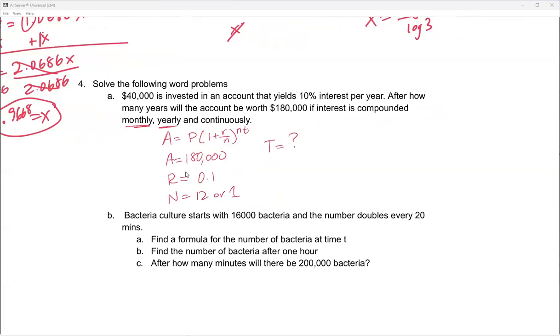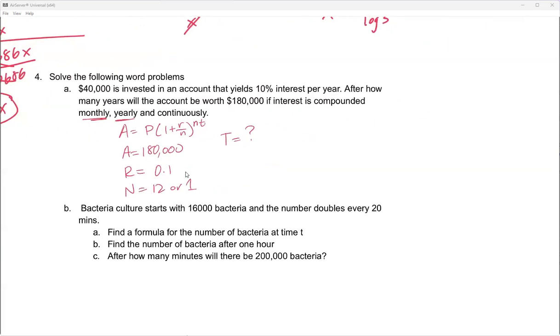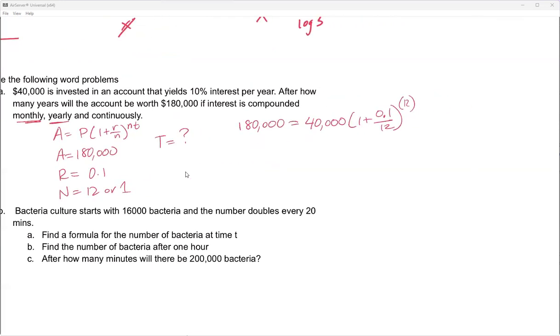So 180 is equal to P, which we start off with what? 40,000. And then 1 plus 0.1. Let's do it monthly. And then 12 times T. All right.